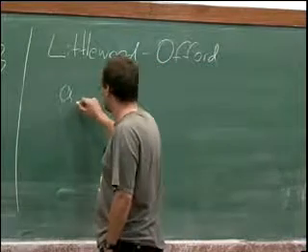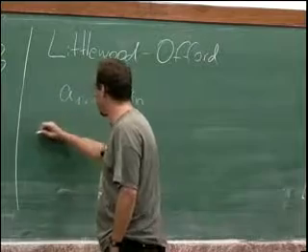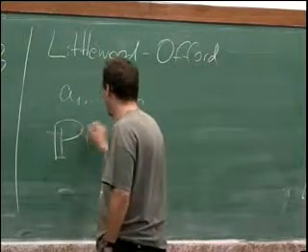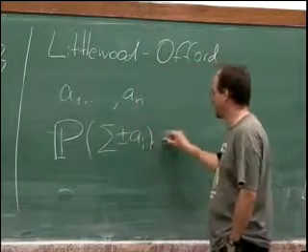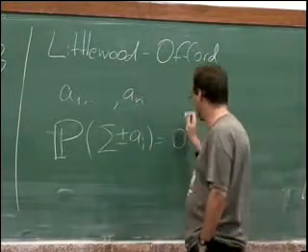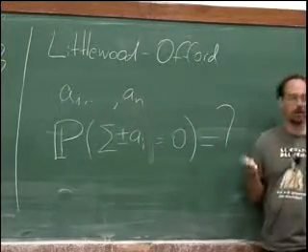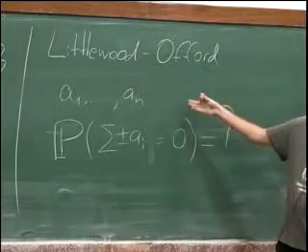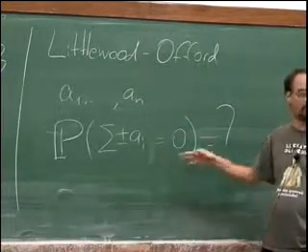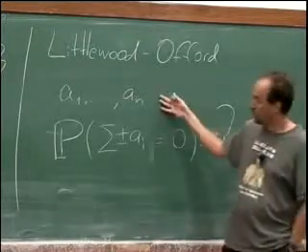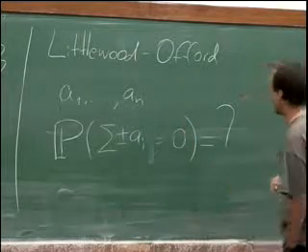You have some numbers, a_1 up to a_n. What can we say about the probability that the sum of plus or minus a_i is equal to 0? So generally, we want a connection between properties of the a_i and estimates for this probability. This is, of course, more general because I'm not assuming these a_i are the powers of anything.